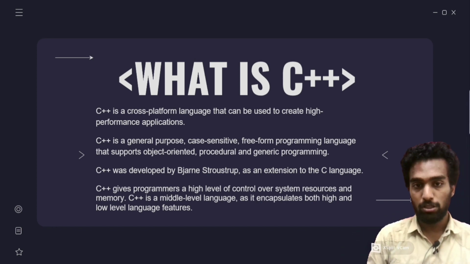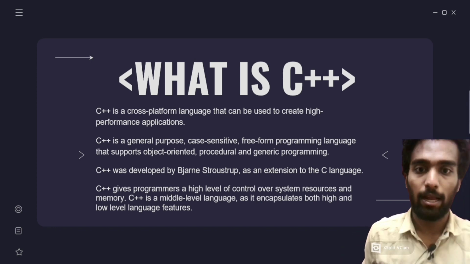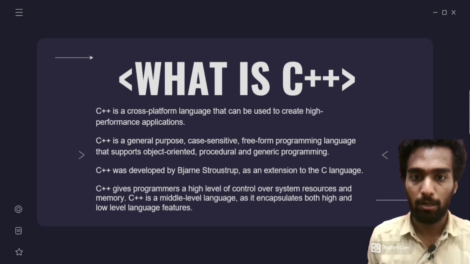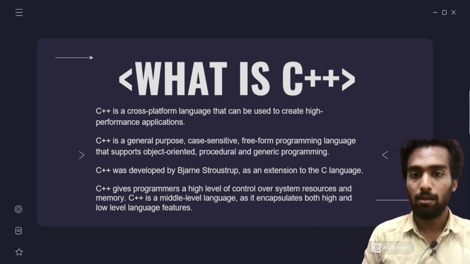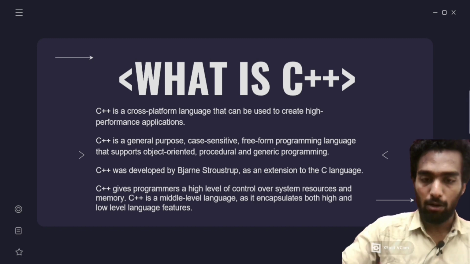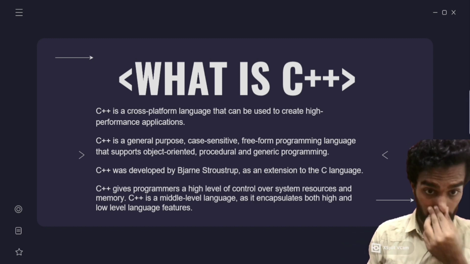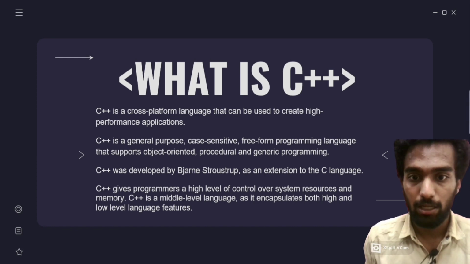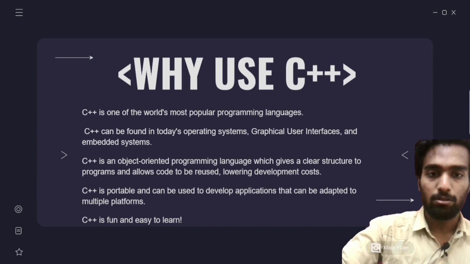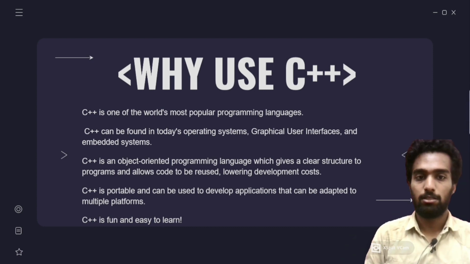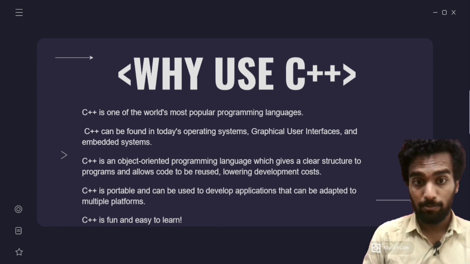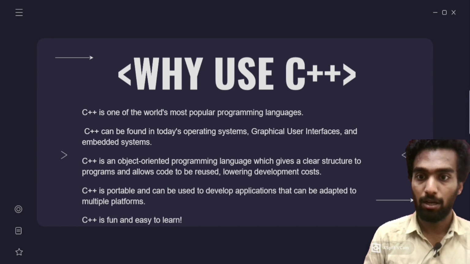C++ is a cross-platform language that can be used to create high-performance applications. It's a general purpose, case-sensitive and free programming language that supports object-oriented, procedural and generic programming. C++ was developed by, and now I'm not going over the theory, so let's move. Why do we use C++? C++ is one of the most popular programming languages. C++ can be found in today's operating systems, graphical user interfaces and embedded systems.